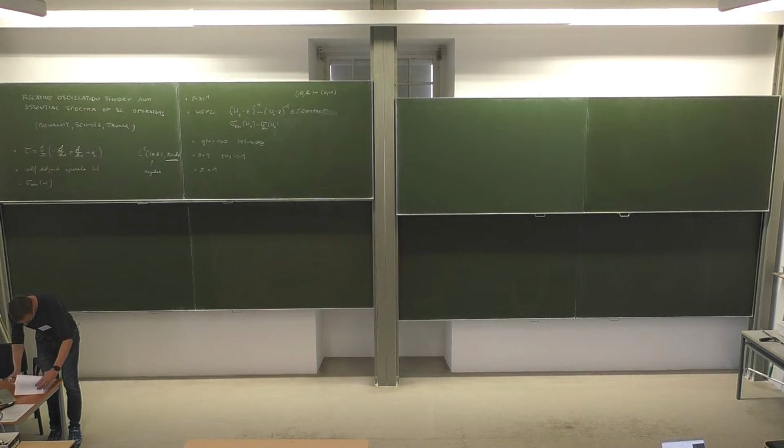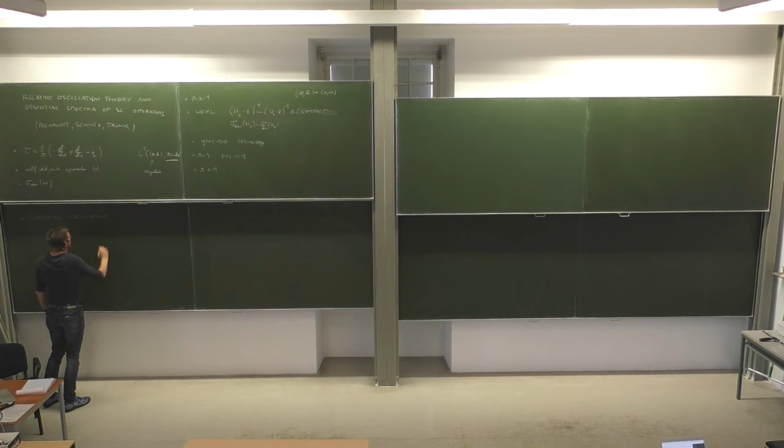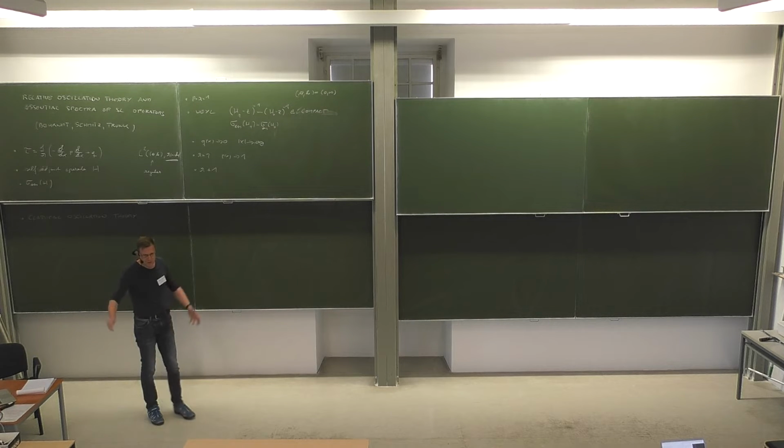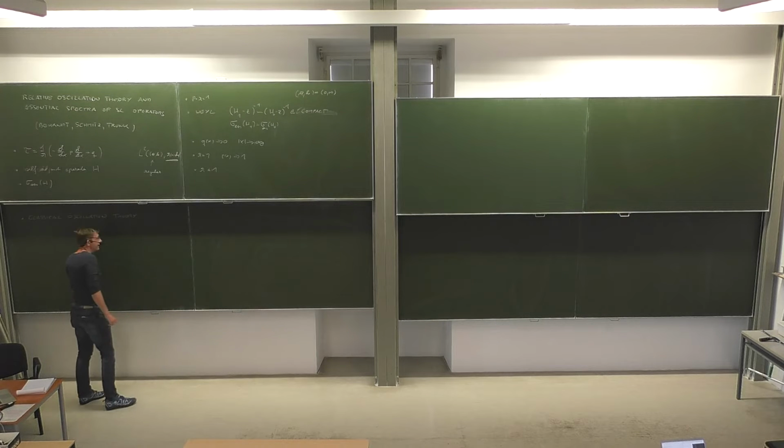Okay, let me start with the simplest case, and the simplest case would be classical oscillation theory, which of course goes back to Sturm and Liouville. So this is really old stuff here.